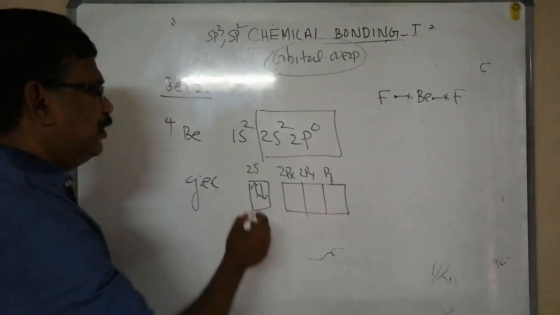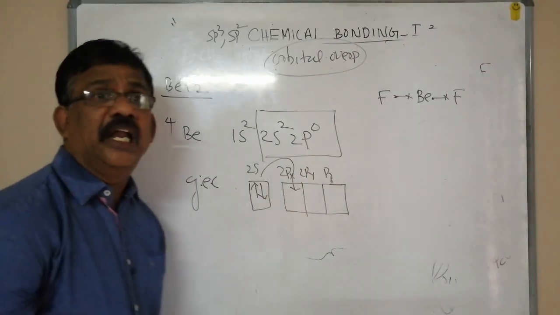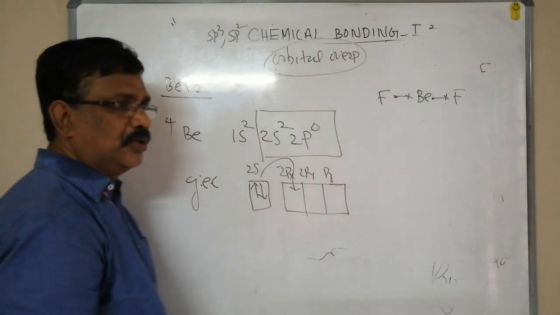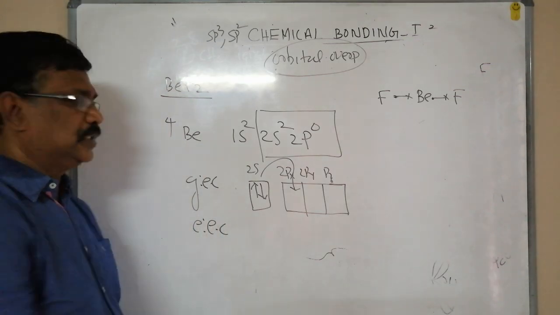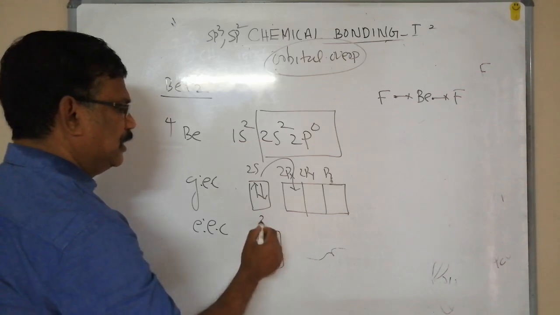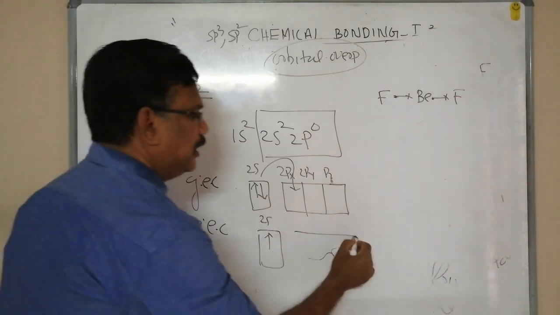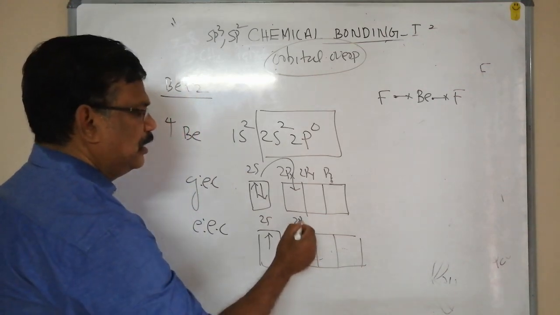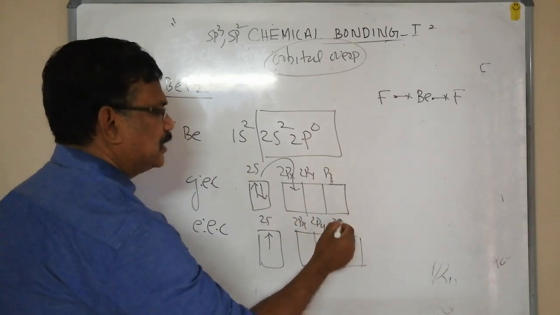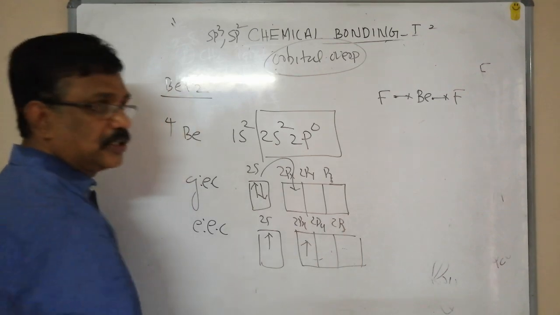So it undergoes excitation in the presence of an external energy source, and then hybridization. Excited state electronic configuration: 2s2 becomes 2s1 and 2px, 2py, 2pz have one electron.